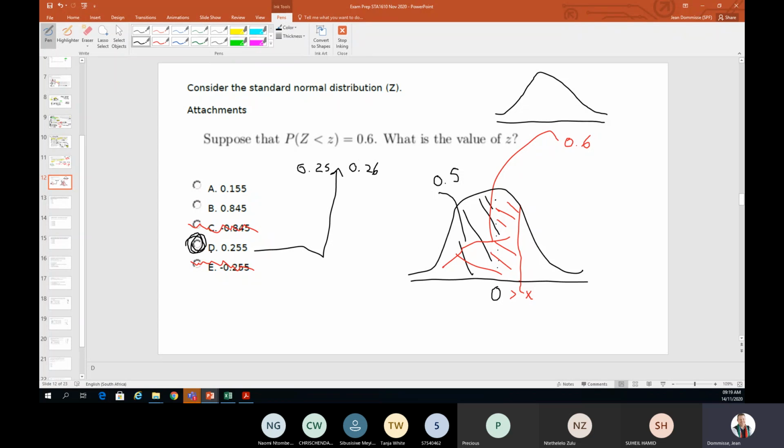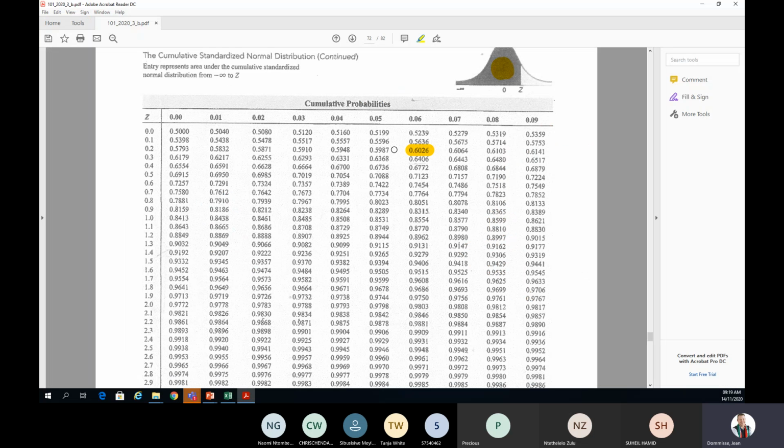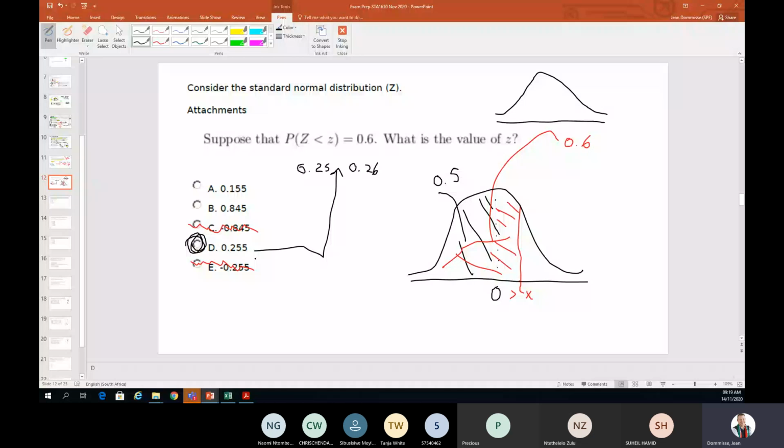In the exam, if it's not spot on exactly, they will nearly give you the in-between, but they won't give you three options of 0.25, 0.255, 0.26.